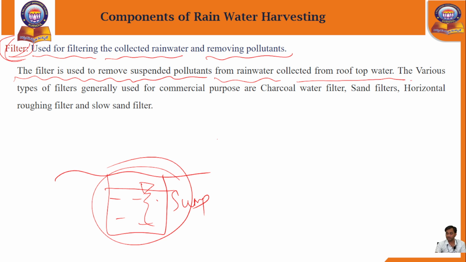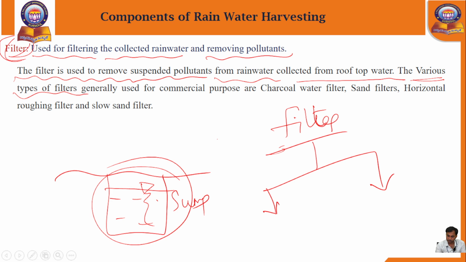water. The various types of filters generally used for commercial purposes are charcoal water filters, sand filters, horizontal roughing filters, and slow sand filters. The filtration process has two types.